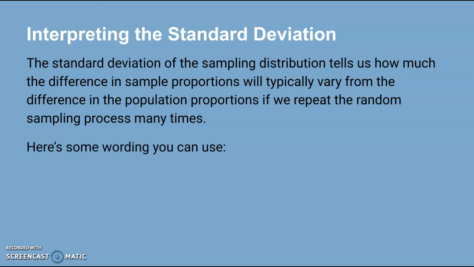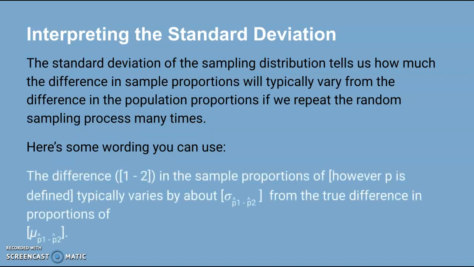And here's some wording you can use if you're asked to interpret what standard deviation means when you're talking about a sampling distribution of a difference in proportions. So you're going to say the difference, and you're going to say what order you subtracted in. So control minus treatment, or males minus females. That's important because you're establishing which sign, positive or negative, means what.